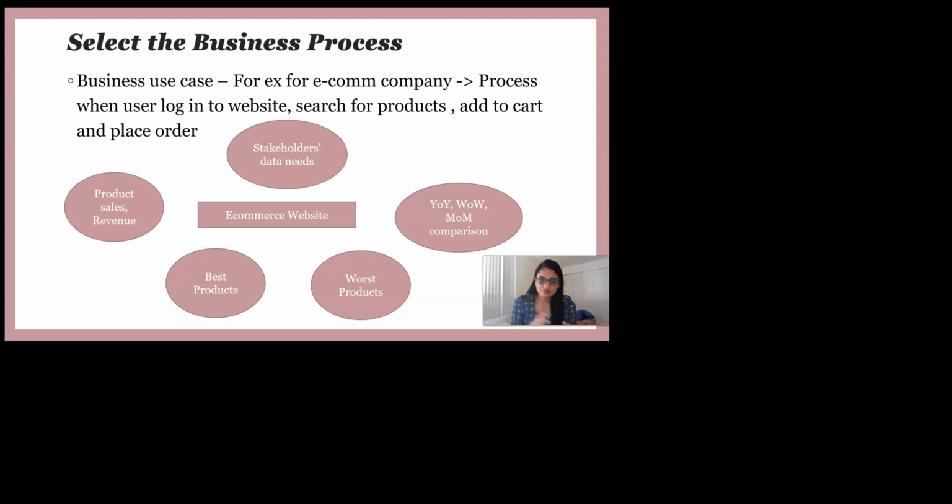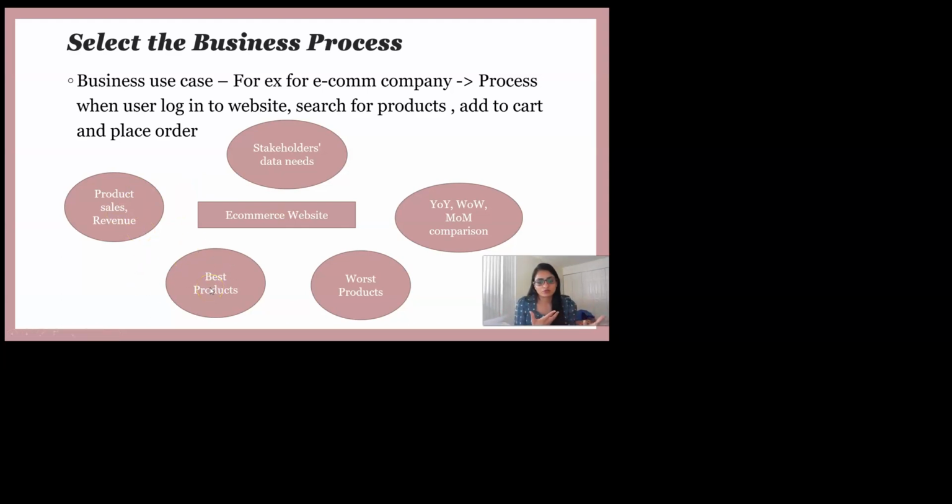And so when a stakeholder comes to you, you identify what are the sources that will be relevant for your use case. Once you identify them, so you can see here, this is some e-commerce website. So you identify, okay, what are the tables that have product, sales, revenue.